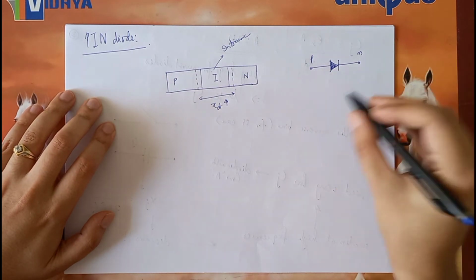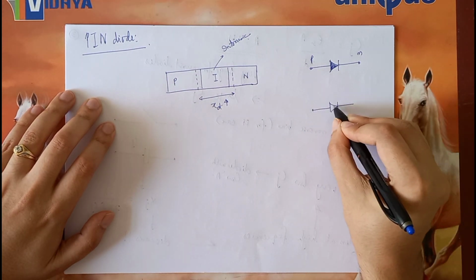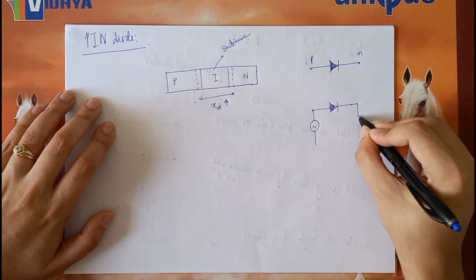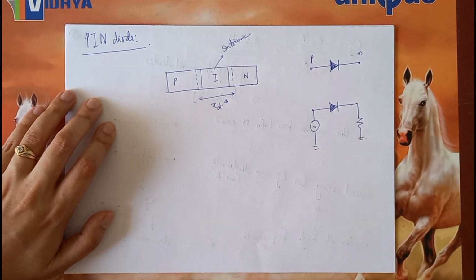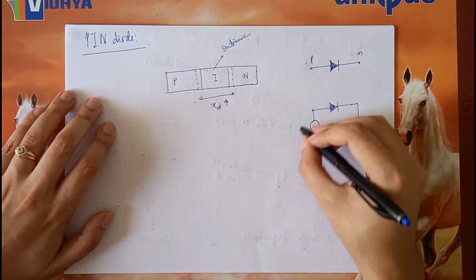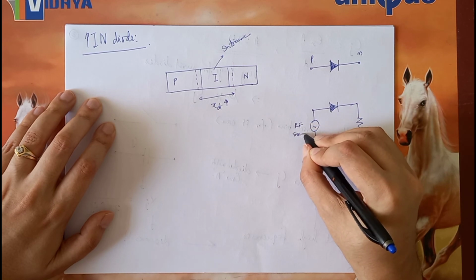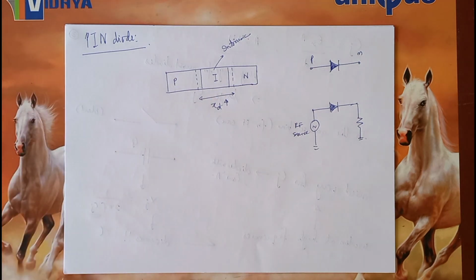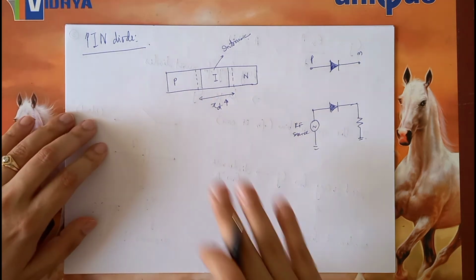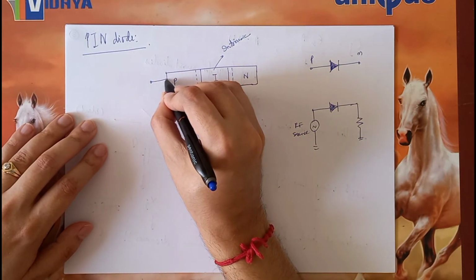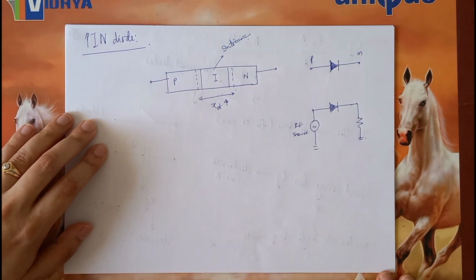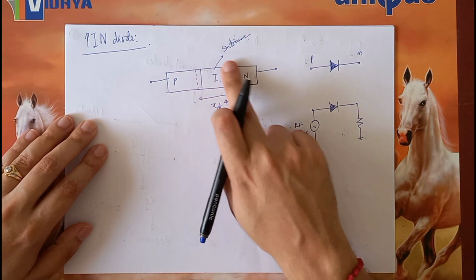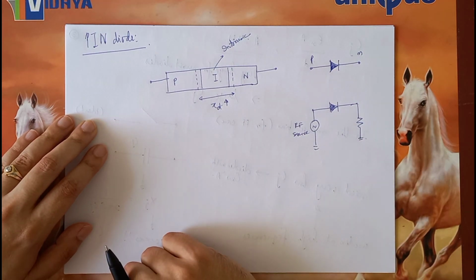Again, let us take this PN junction or this pin diode and connect it to an RF source, and over here we have some load. Now, what happens essentially is that when the diode becomes forward biased, it starts working like a normal PN junction, as you are familiar with. The only difference is this large depletion region.